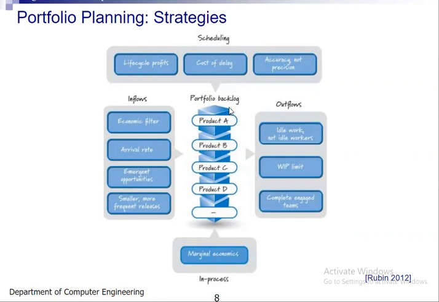If you are changing the sequence, like if you are delaying the B product, and you are putting it at the last, what was the overall cost of delay for your organization? That you need to take into consideration while you are sitting for the scheduling. Accuracy, not precision. Always I am telling you one example, like when you are writing the paper of 100 marks, right?